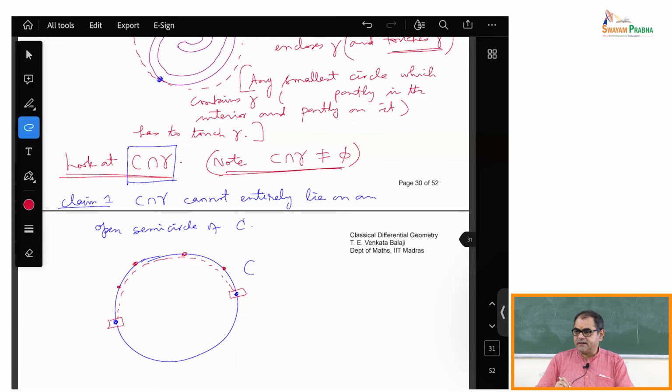And why is that? That is because if they did, then you have this diameter, and all you have to do is translate this circle a little upwards in a direction perpendicular to the diameter, and all these points will come inside.